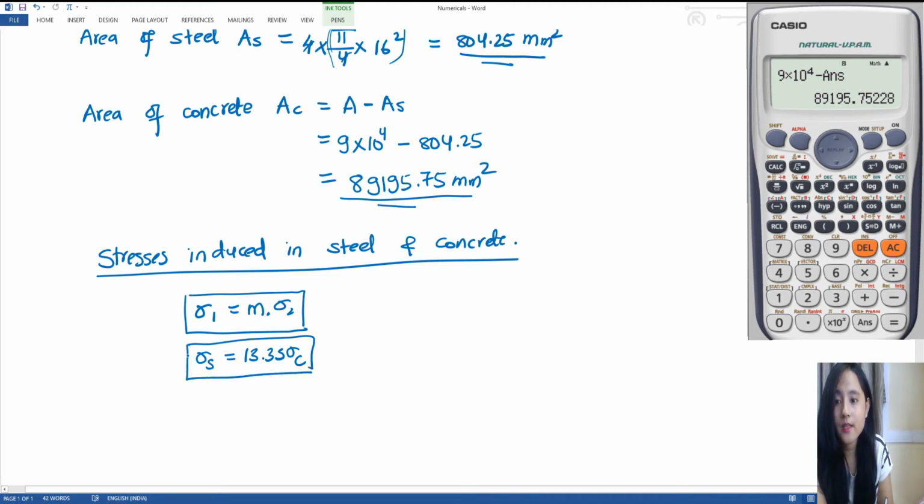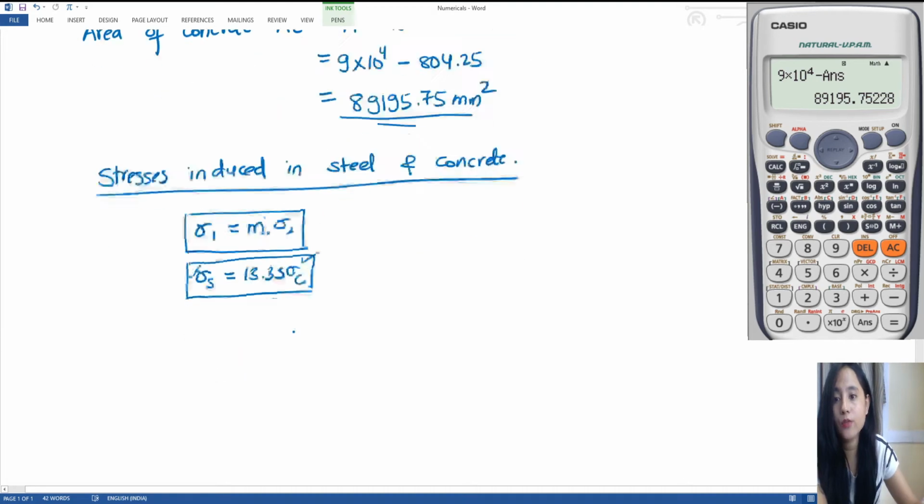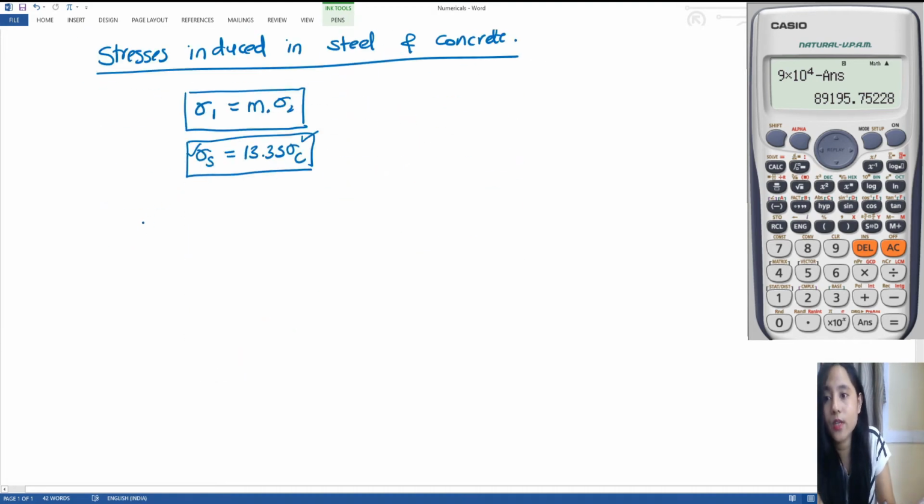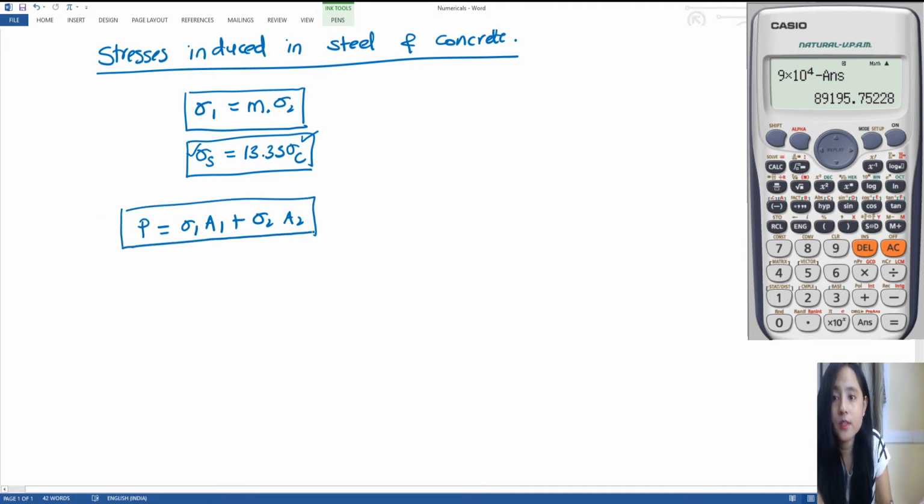Now we need to find sigma S and sigma C. We find them from the relation P equals sigma 1 area 1 plus sigma 2 area 2. Here, stress induced in steel into area of steel plus stress induced in concrete into area of concrete.